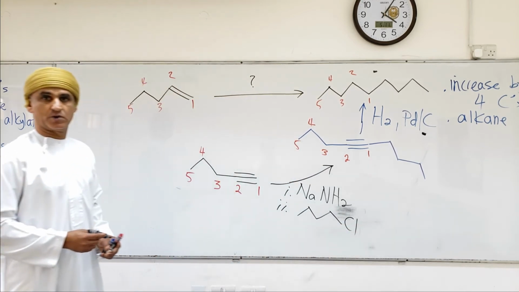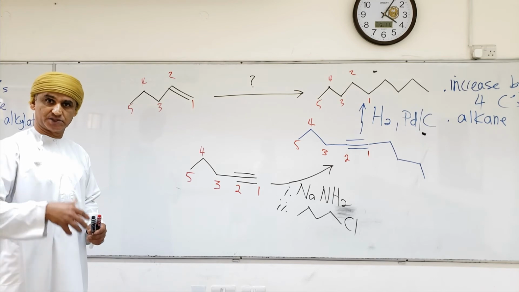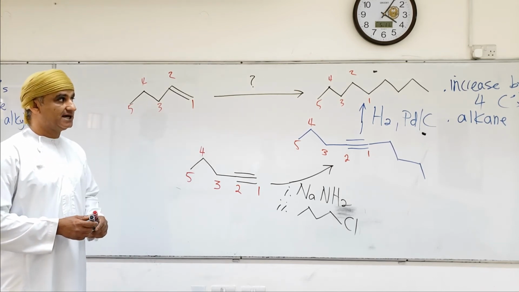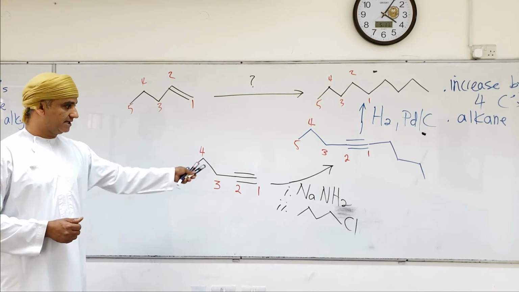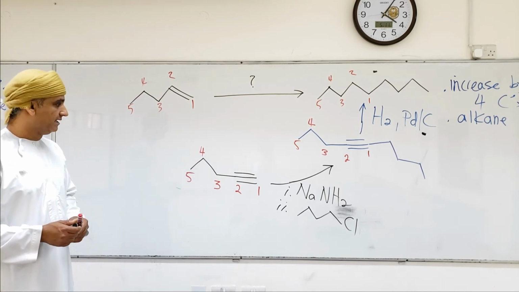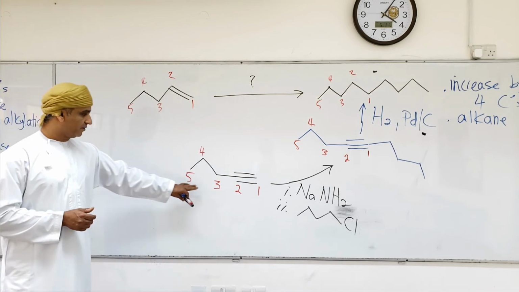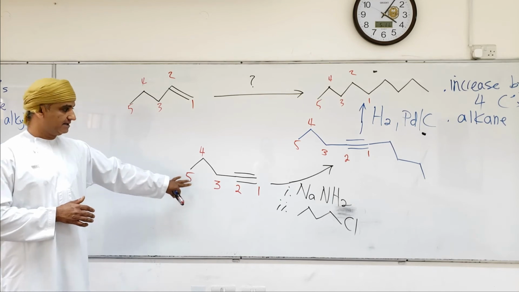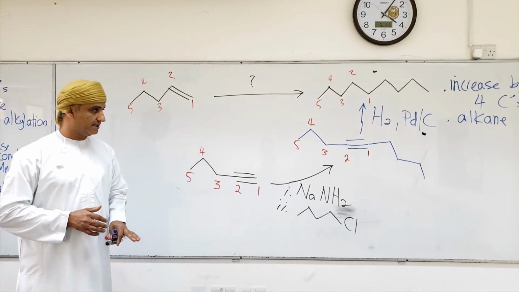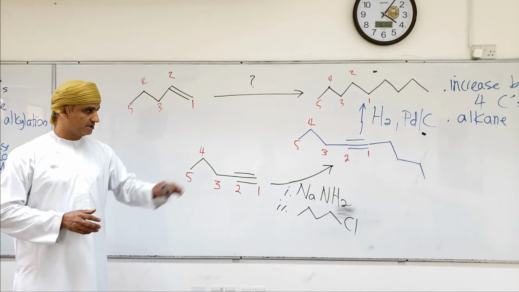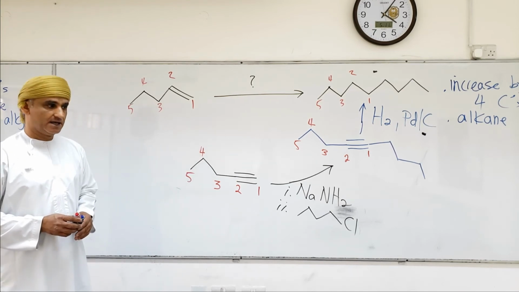So this is 1-chlorobutane as the source of the butyl group, by which the internal alkyne has been elongated as a chain. So this terminal alkyne is transformed into that internal alkyne, in which there is an increase by 4 carbons.